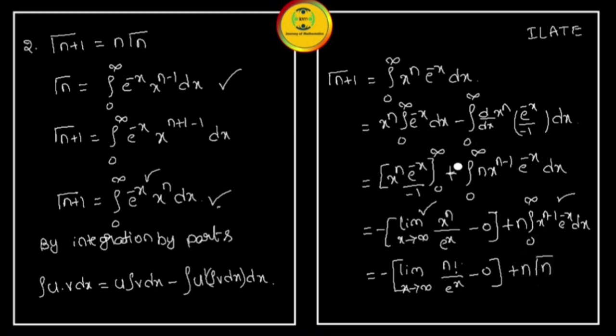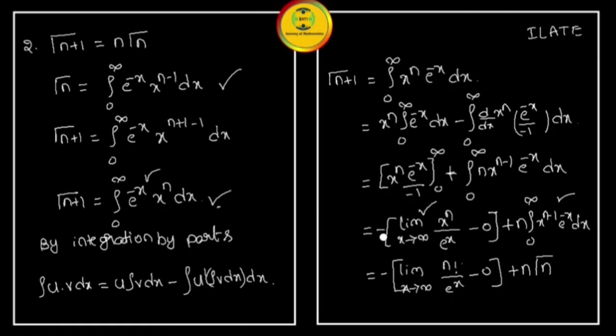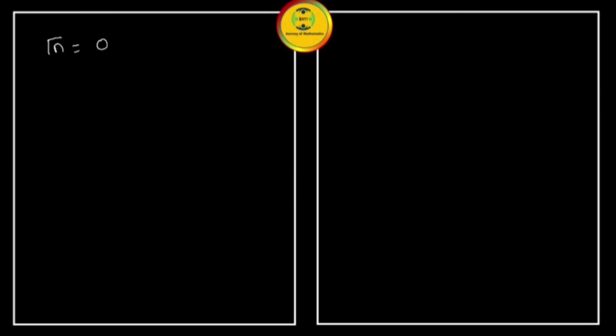So finally I can rewrite this as gamma of n plus 1 is equal to, if I apply the limit for this term, minus n factorial divided by e power infinity, plus n into gamma of n. That means minus n factorial divided by e power infinity, which is infinity, plus n into gamma of n.